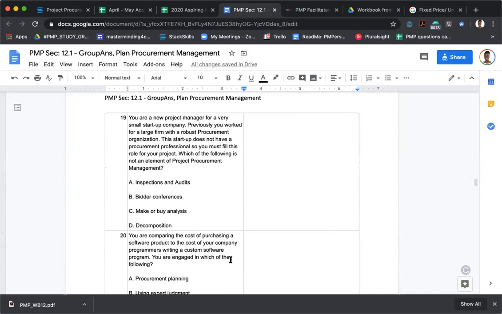Heather? You are a new project manager for a very small startup company. Previously, you worked for a large firm with a robust procurement organization. This startup does not have a procurement professional, so you must fill this role for your project. Which of the following is not an element of project procurement management? Inspections and audits, bidder conferences, make or buy analysis, or decomposition?